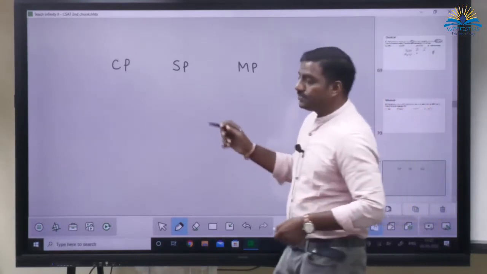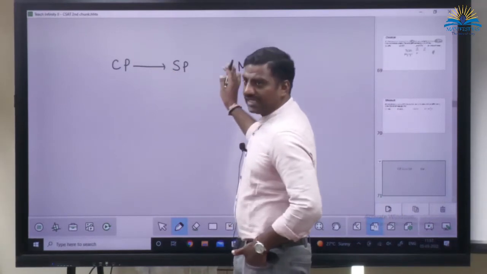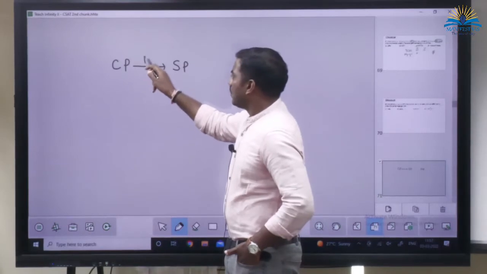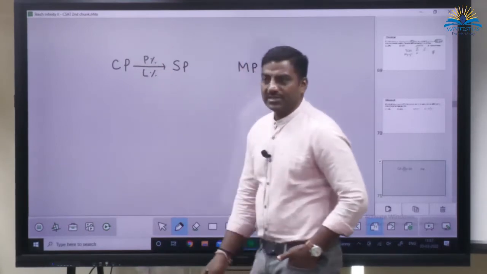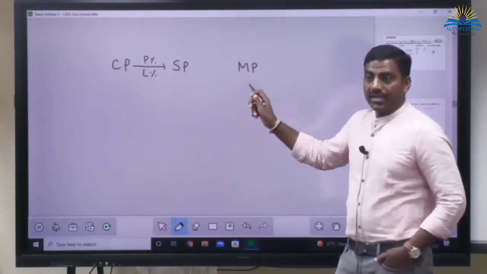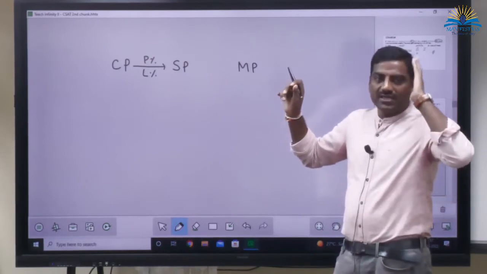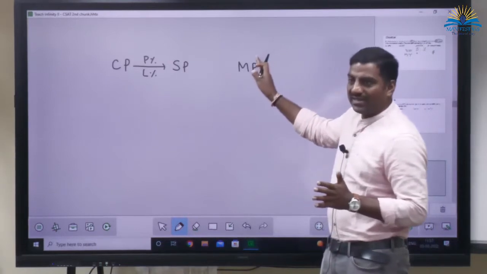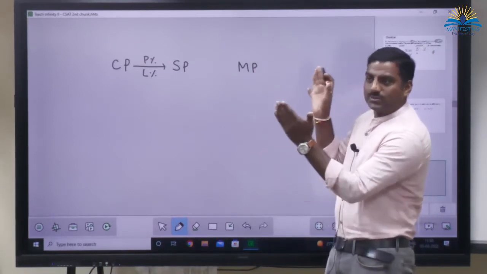Okay. So if we sell without any market price, with the normal profiteering, what do we get? Some profit we get or loss we get and sell it to the customer. Correct? And while marking, the shopkeeper will have certain idea that if he sells the goods at this price, his profit margin will be this much.